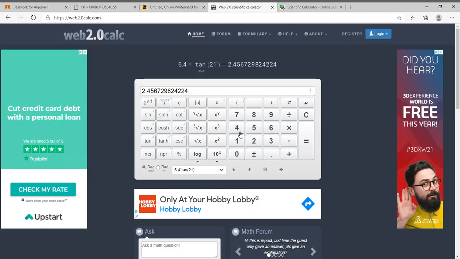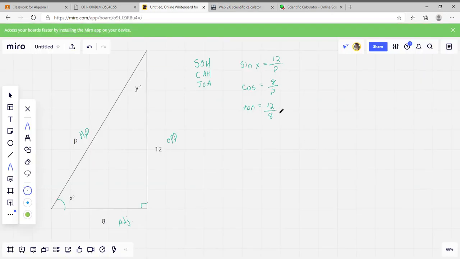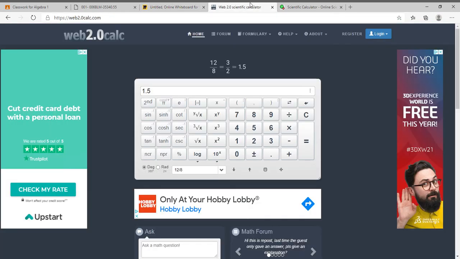So I just have to divide that up. 12 divided by 8 is 1.5. No, that can't be right. Hang on, let's see. It's going to be x. Oh, the tangent of x equals 1.5, and we've got to figure out what the angle is.